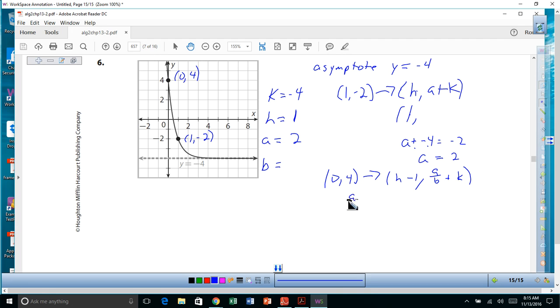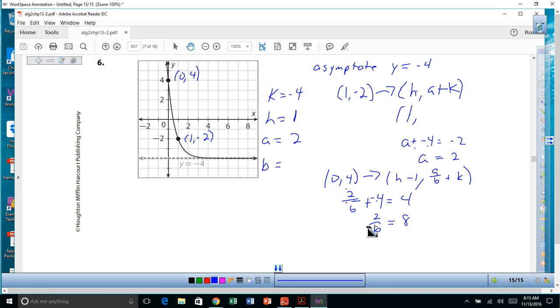So a over b plus k equals 4. Well, k is negative 4, so we'll put negative 4 there. And a is 2, so 2 over b, and we'll add 4 to both sides. So 2 over b equals 8.